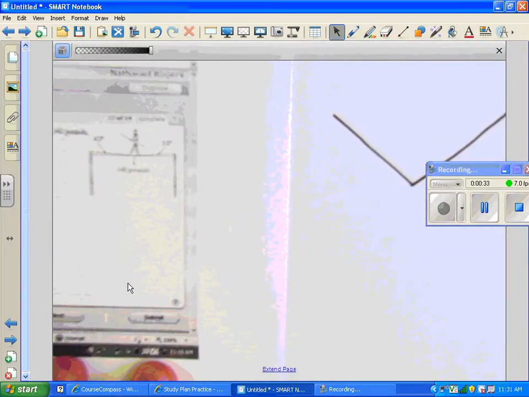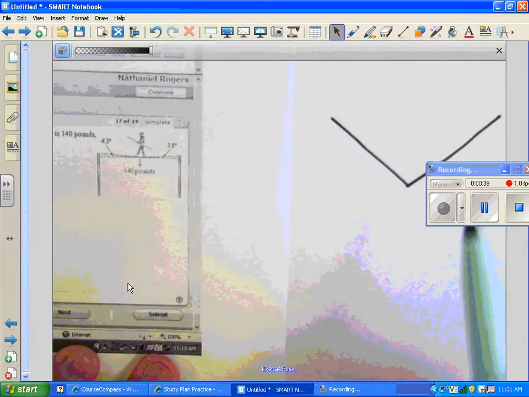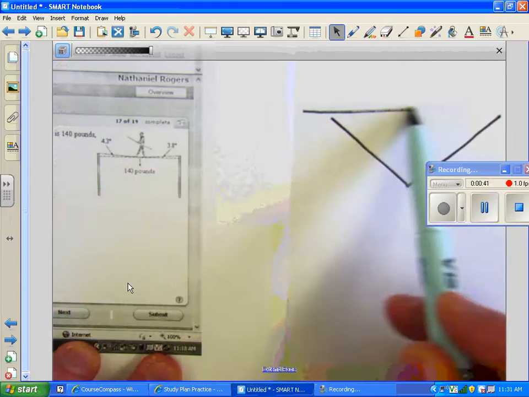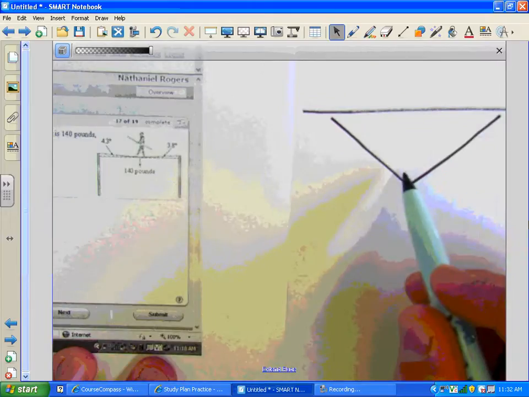All right, and now, so what we're going to do is just kind of make it into that picture. And so we got that, sort of the weight, but the weight is going to be the person right here.